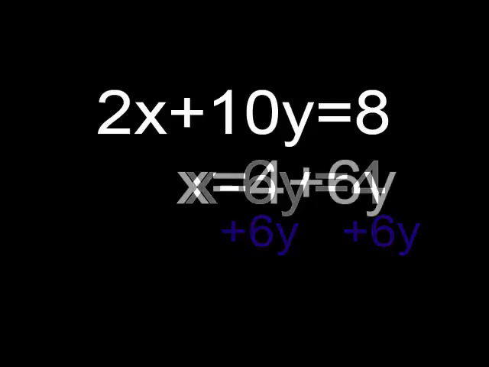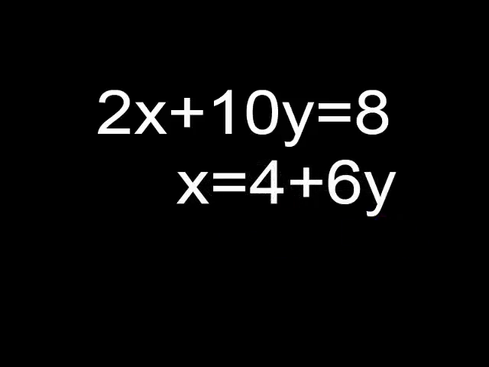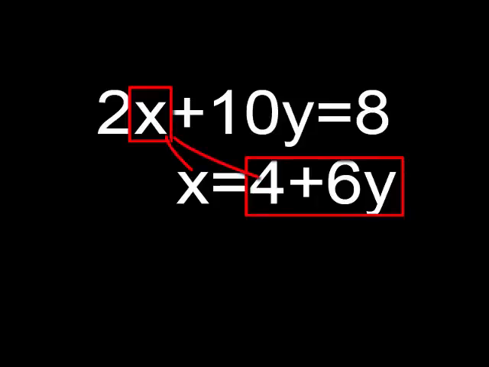I'd end up with x equals 4 plus 6y. Since we have x is 4 plus 6y, I can replace any x that I see with 4 plus 6y. So in the problem above, I can replace that x with 4 plus 6y.